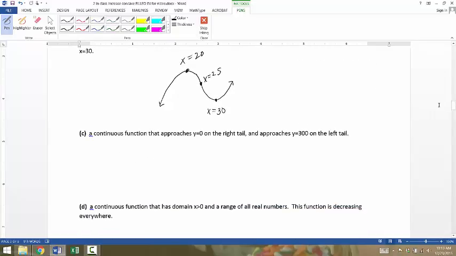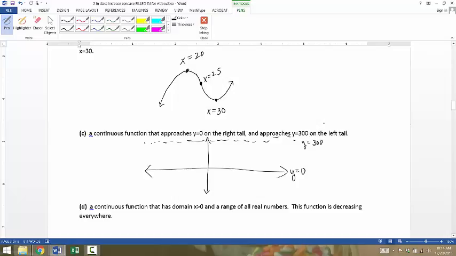Continuous function, it approaches y equals 0 on the right tail, so I better draw an x-axis here. And it approaches y equals 300 on the left tail. So let's see, let me just draw an xy axis. So here is y equals 0, the x-axis. Y equals 300, why don't I just draw a dashed line to indicate y equals 300, that's a height of 300.